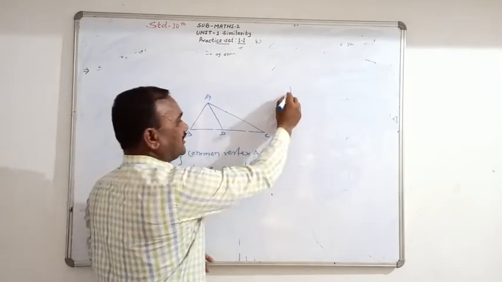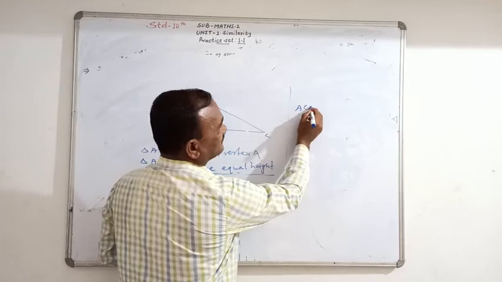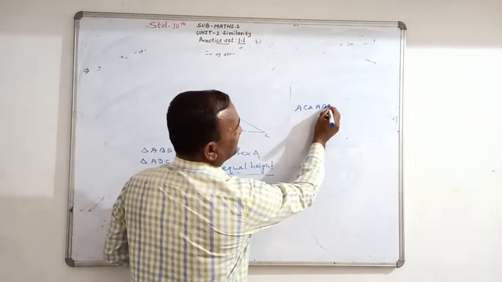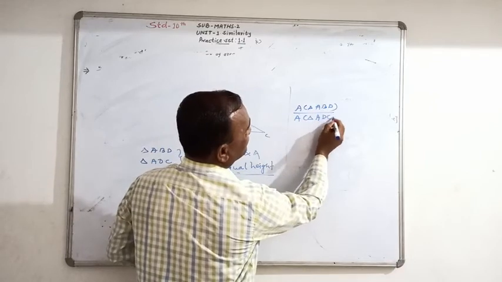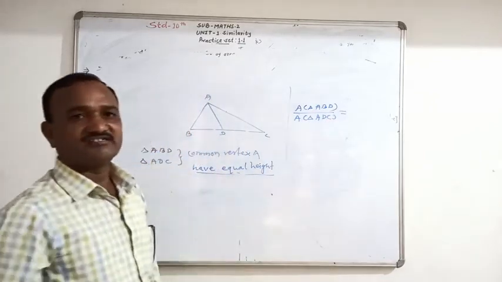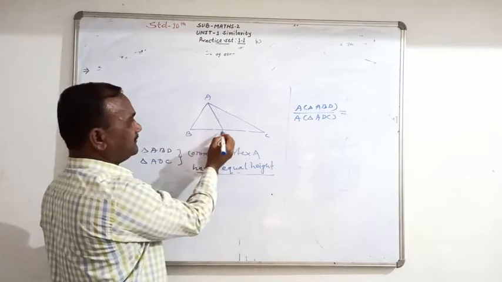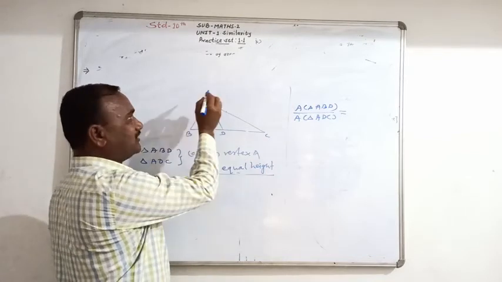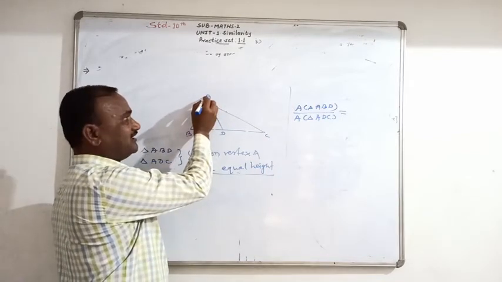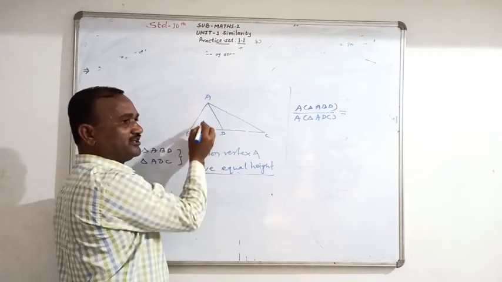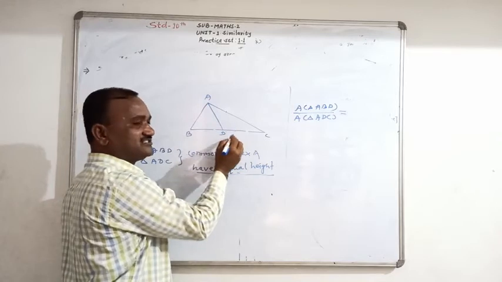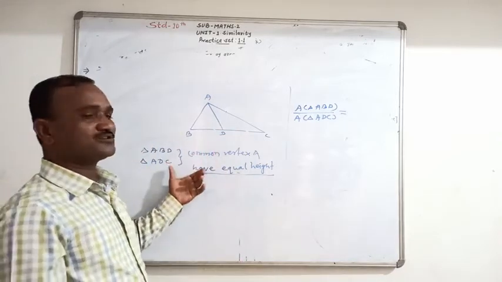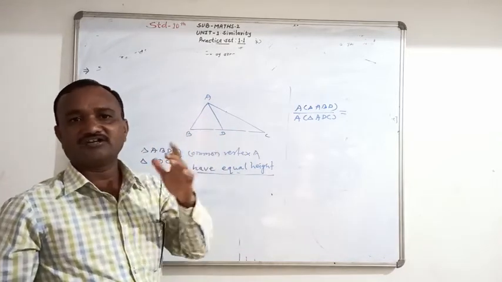So area of triangle ABD divided by area of triangle ADC equal to, once again listen, triangle ABD and triangle ADC have common vertex A. In triangle ABD, side opposite to A is BD and side opposite to A in triangle ADC is DC, they are in one line, means these two triangles have common height or equal height.